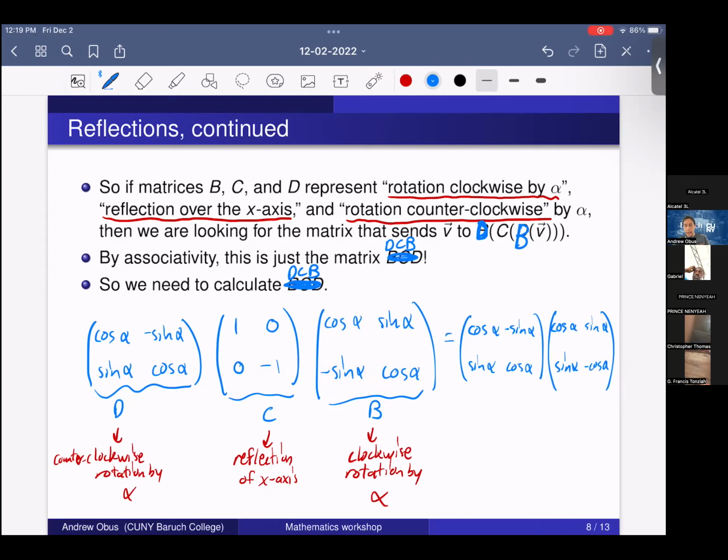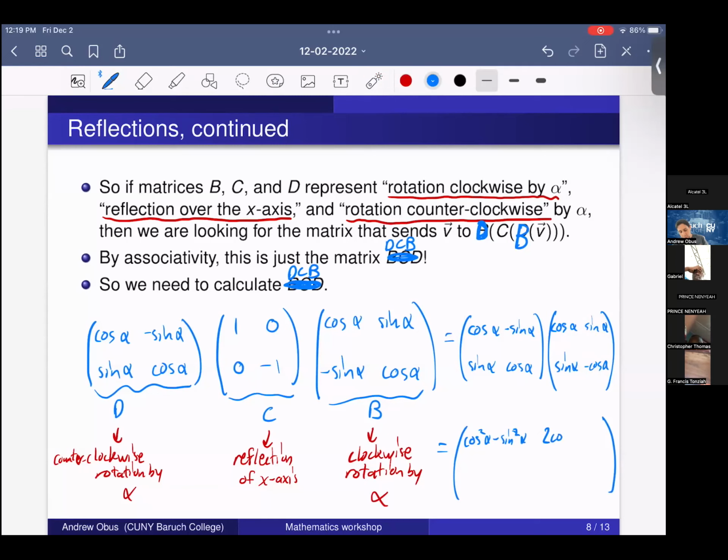Okay, and so if I do this all together, what this product ends up being is cosine squared alpha minus sine squared alpha. And then over here we get cosine alpha times sine alpha, plus minus sine alpha times minus cosine alpha. So we get another plus cosine alpha sine alpha.